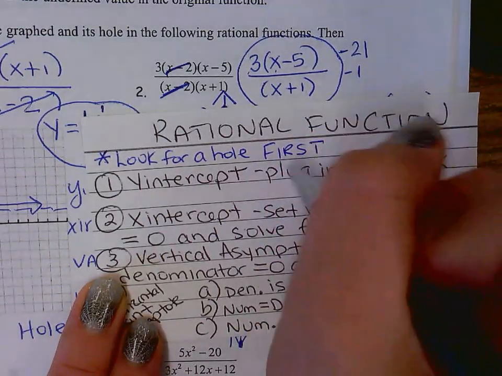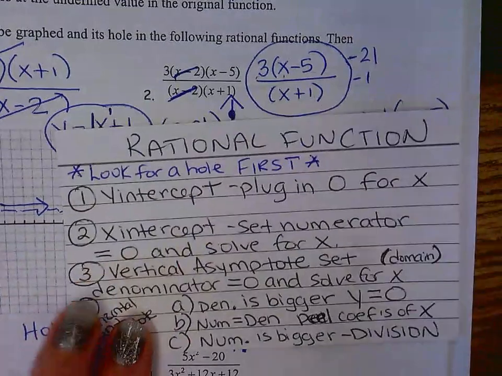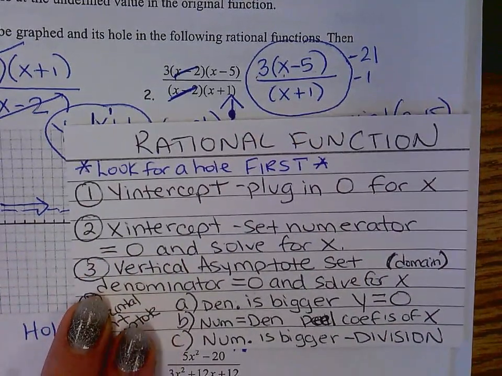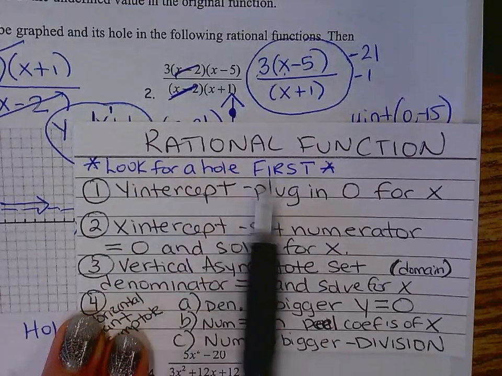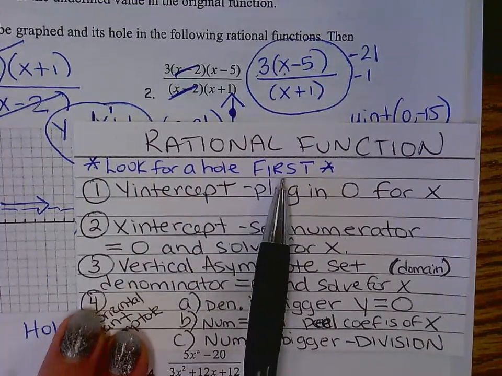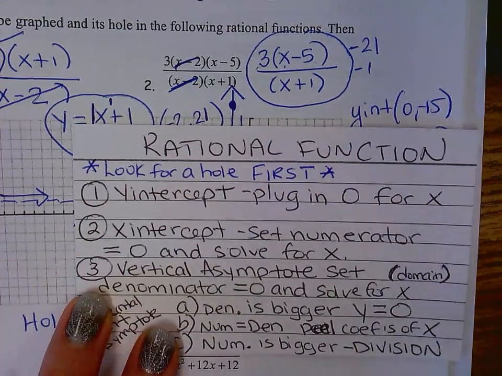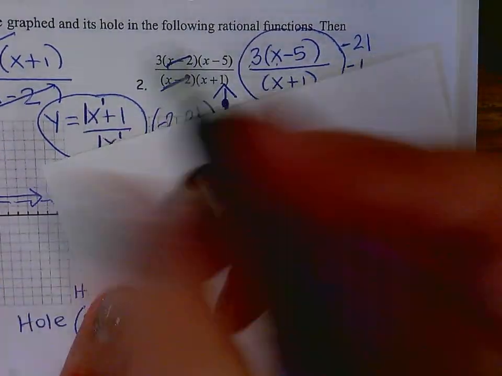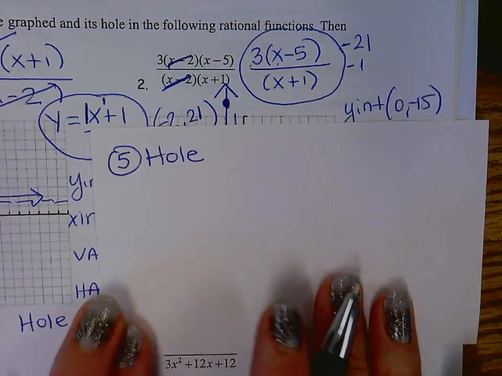Because if you do all these steps and then you try to cancel, it's going to mess up all these steps. You have to cancel first. So somewhere at the top of your note card, write "look for a hole first" so that you remember you've got to factor and cancel first.